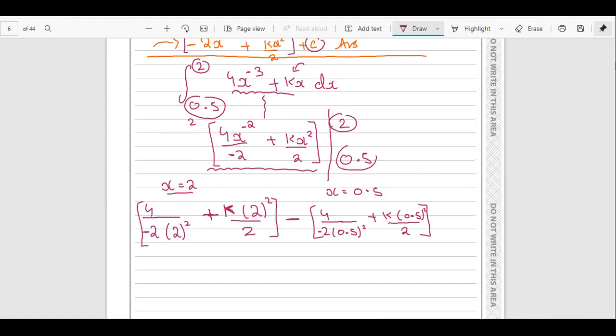And what is the purpose of these limits? You plug in x equals 2 in the answer which you got after integrating, then the minus sign comes, and then again x equals 0.5 is used in the same expression over here, right? So is this clear? Yes. Okay.